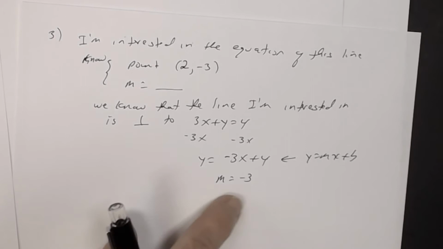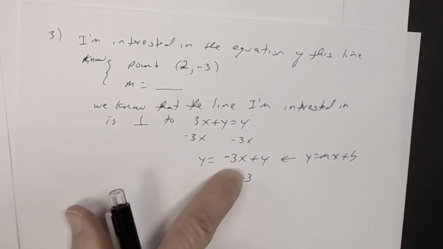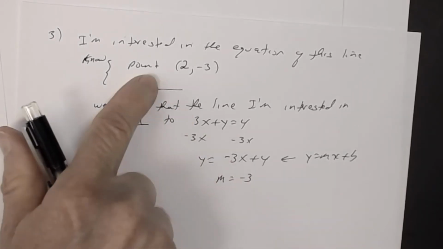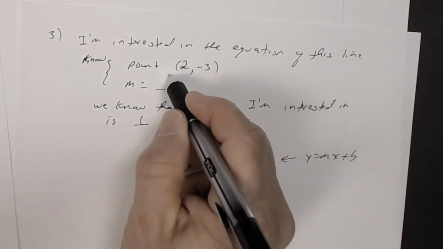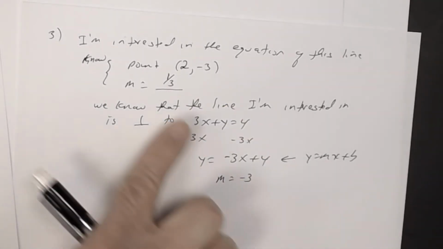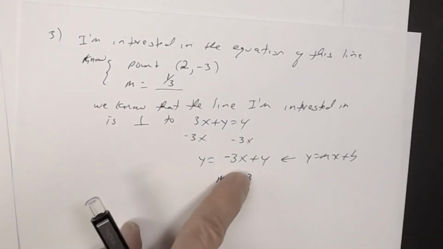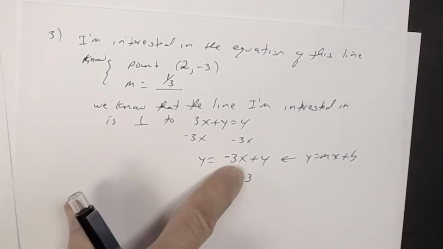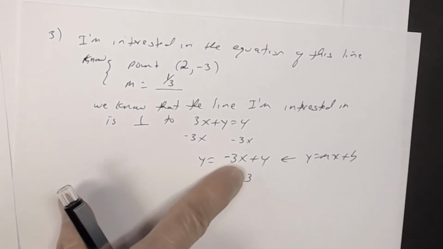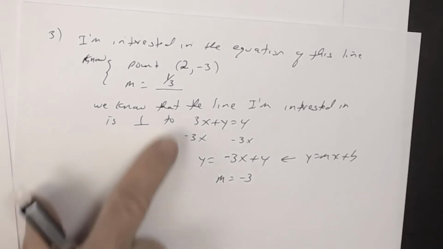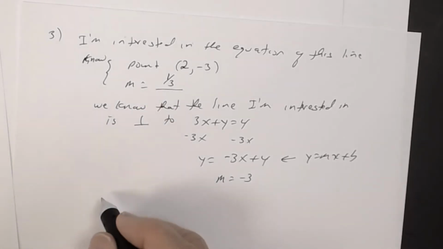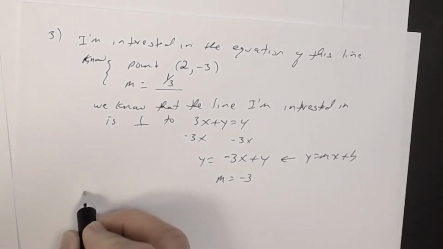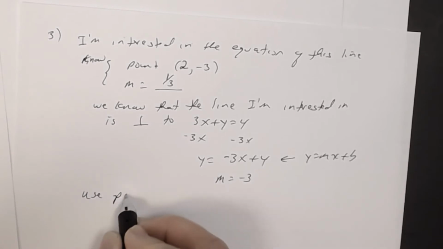So the reciprocal, if I cover this negative right now, what's the reciprocal of 3? 1/3, right? So this will be a positive 1/3. So this is negative, this is positive, and just take the reciprocal of that absolute value right here. So the absolute value of -3 is 3. So the reciprocal of 3 is 1/3. So there's your slope. Okay, so now we're going to go to point slope form. Now we're going to use point slope form.